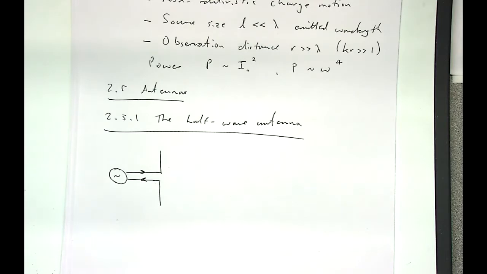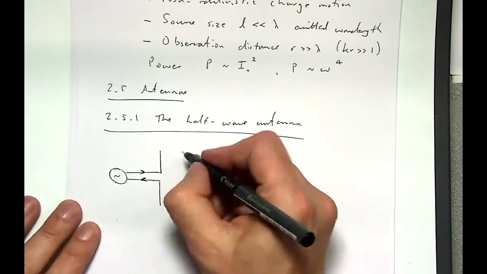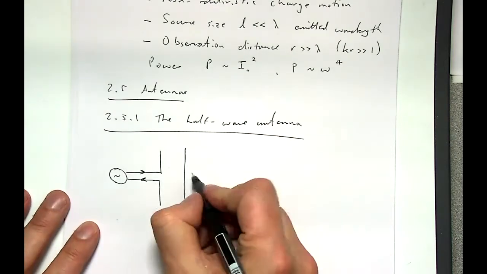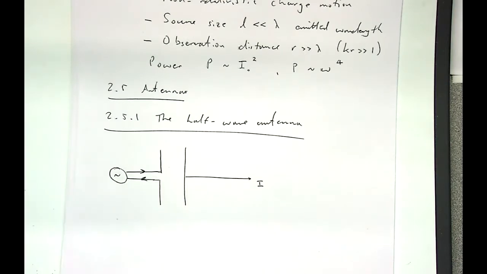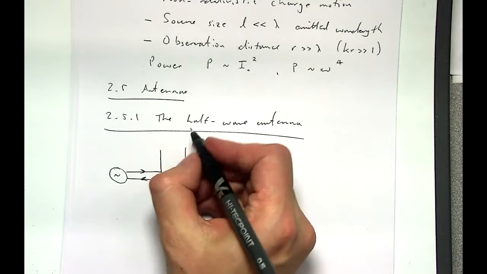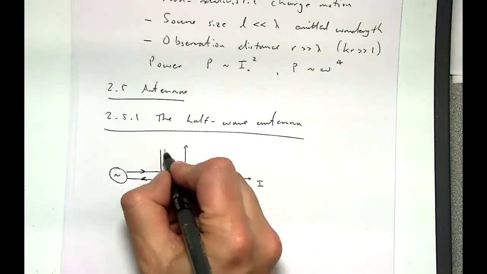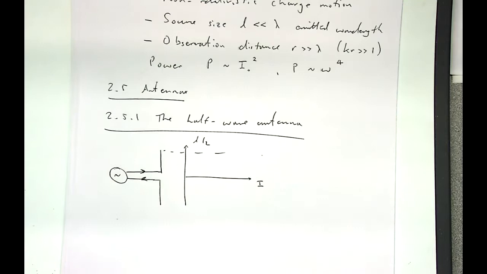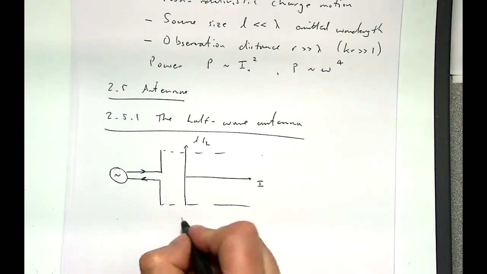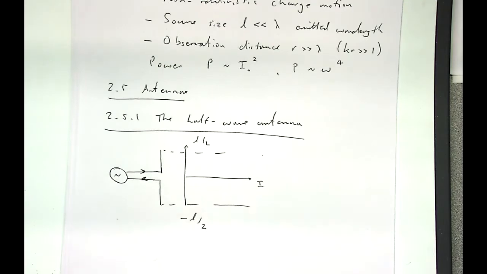So these distances, let's put a scale on here. I'm going to draw the amount of current in that real antenna on the horizontal axis, and I'm going to call this L over 2 and this minus L over 2. That's the length of the antenna. So clearly this is the origin.